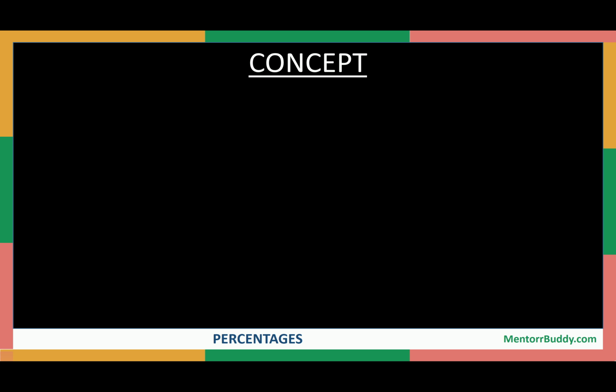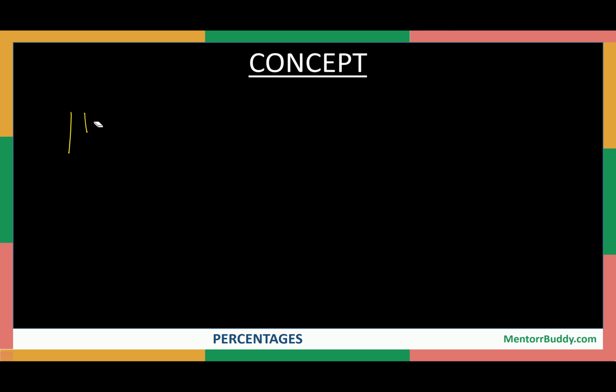So how to find this successive percentage? There are a lot of questions which are based on successive percentage change, and most of us solve these questions by taking the value 100, because increasing 100 by 20% is very easy, right?